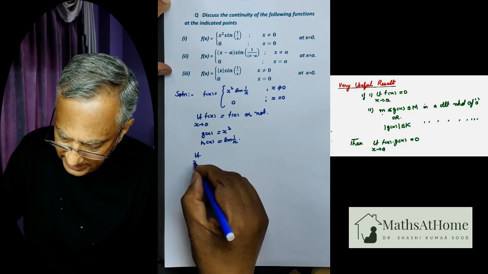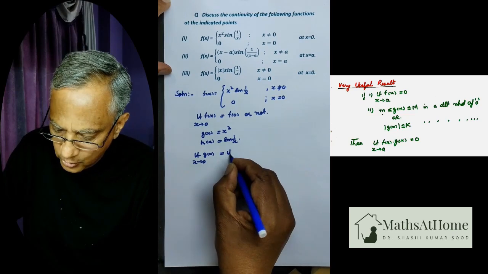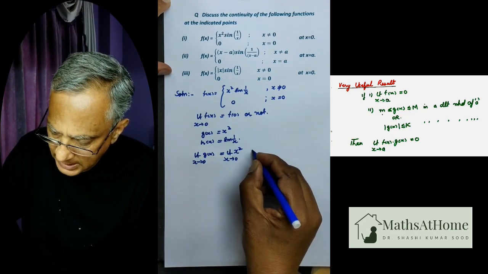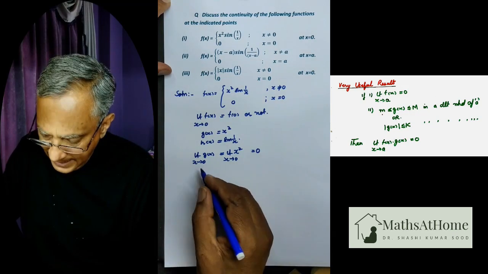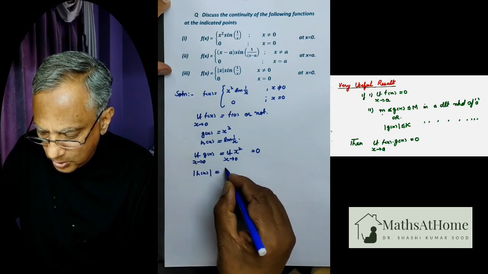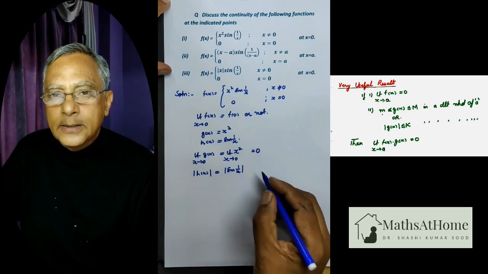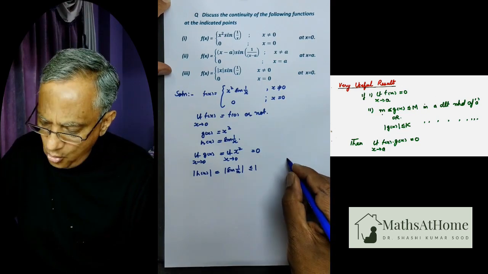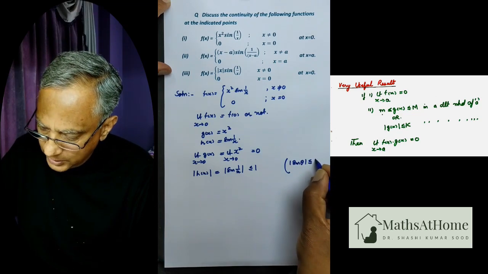Now the limit as x approaches 0 of g(x) is equal to the limit as x approaches 0 of x square, and this is equal to 0, and mod of h(x) is equal to mod of sine 1 by x, and we know mod of sine theta is always less than or equal to 1.